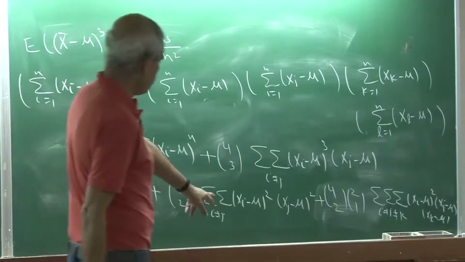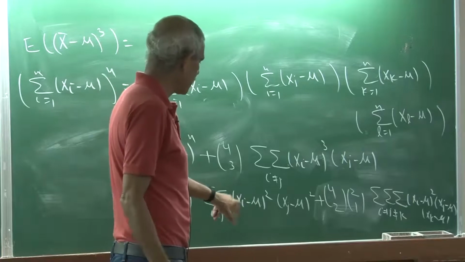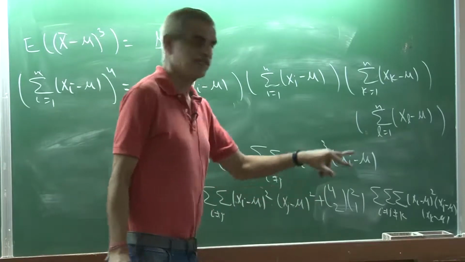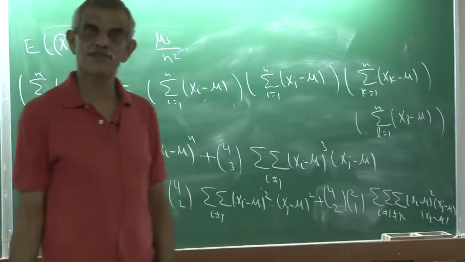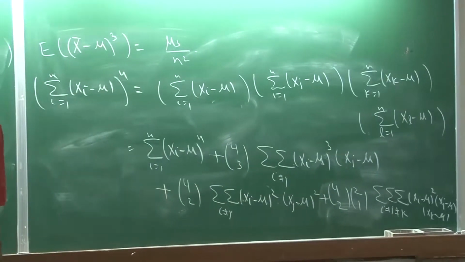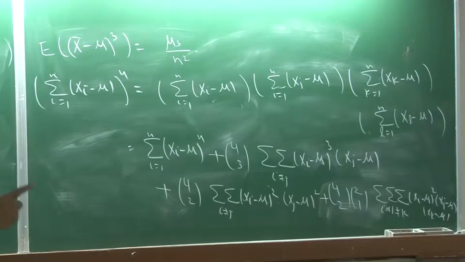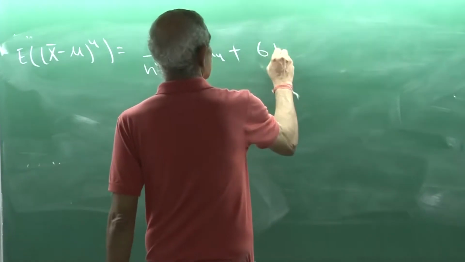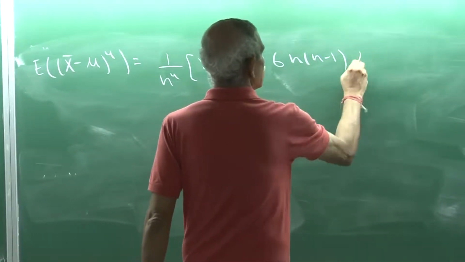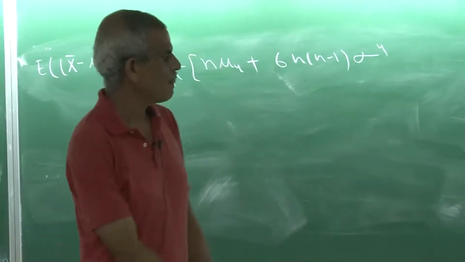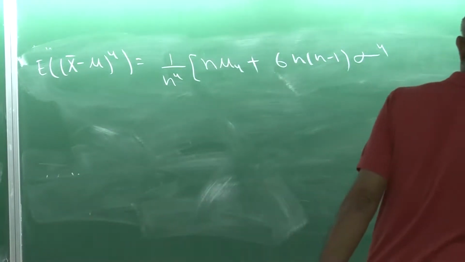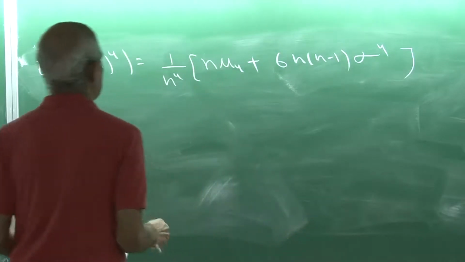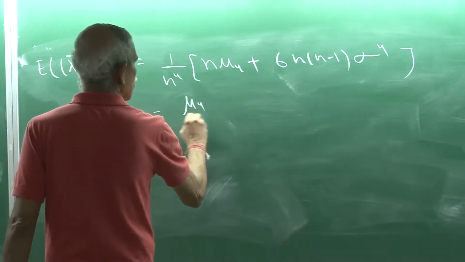Then this quantity, the expectation of (xi minus mu) whole square: because of independence, it is the expectation of (xi minus mu) whole square times the expectation of (xj minus mu) whole square. Each of them gives sigma square, so it is sigma to the power 4 into n minus 1. And 4 choose 2 is nothing but 6, so 6n into (n minus 1) sigma to the power 4. And similarly, the last term would be 0.